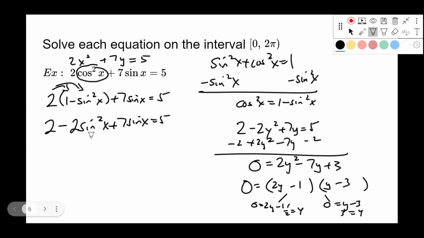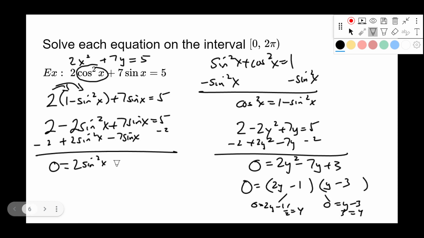All right, so now I'm going to do the same thing over here with this disaster. I'm going to subtract 2 on both sides, add 2 sine squared, and then subtract 7 sine. So that would give me 0 equals 2 sine squared x minus 7 sine x plus 3. Now I got to factor this.